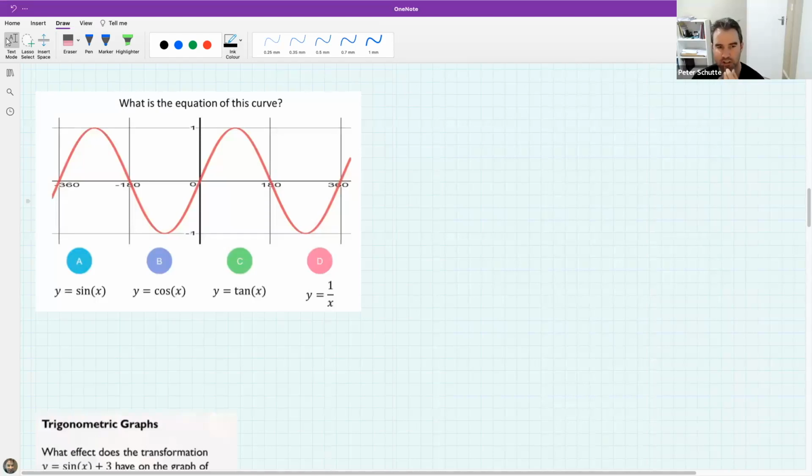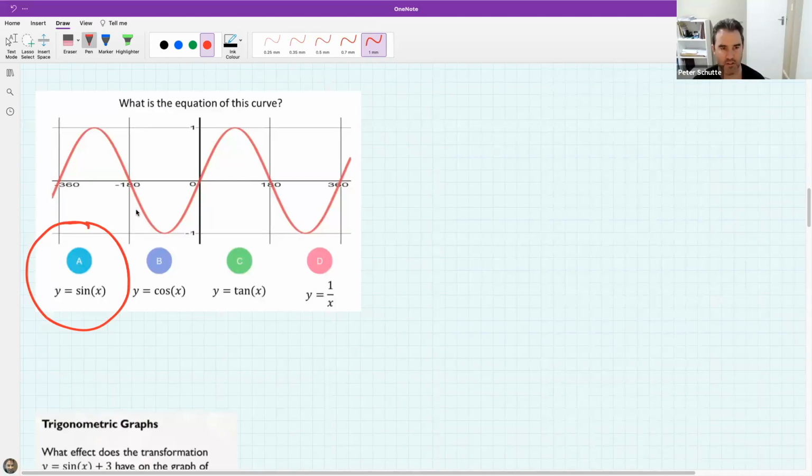We could use our calculator to help us check, but some of you might recognize the shape. Okay. So the correct answer, I can see lots of students have locked this in. The correct answer is this, y equals sine x.